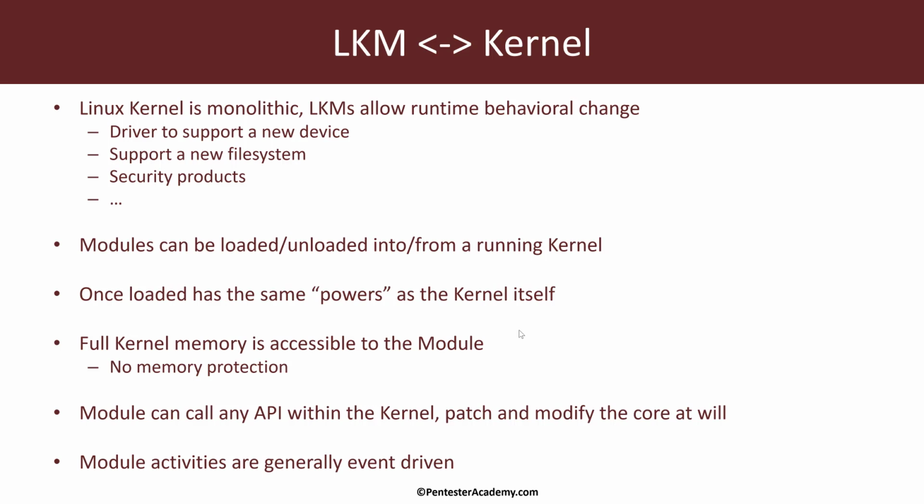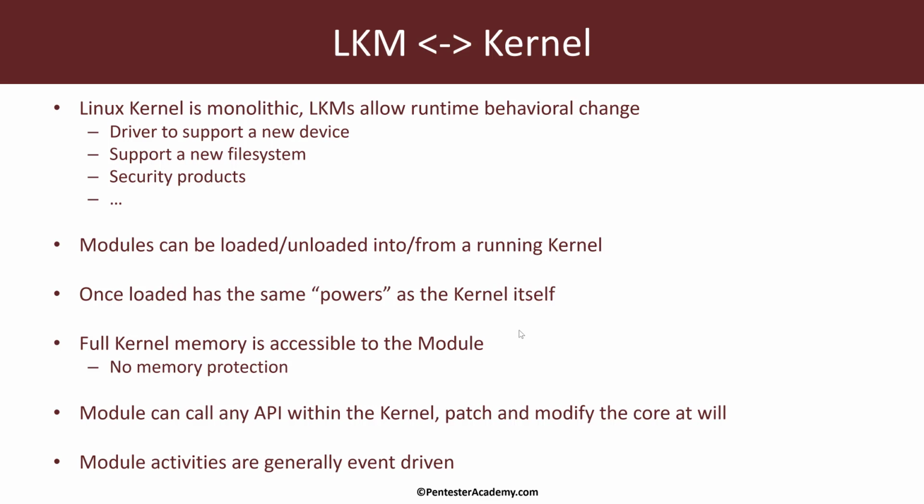Now, as I already mentioned, the Linux kernel itself is monolithic, and the LKMs allow us at runtime to change the behavior of the kernel. Now, the way they do this is by leveraging all the core APIs available in the kernel, and at times they might even extend that functionality.